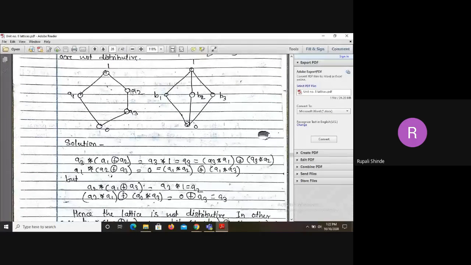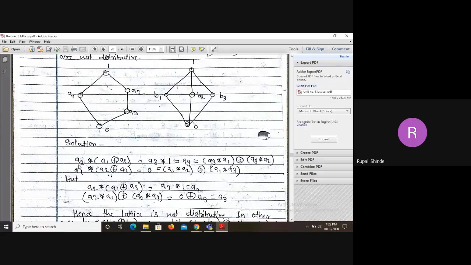A1 XOR A2 means what? The least upper bound of A1 and A2. So the value is 1, correct. Now A3 star 1. For A3 and 1, I have to take the greatest lower bound. For this pair of elements, that value is A3. So the value for LHS is A3.